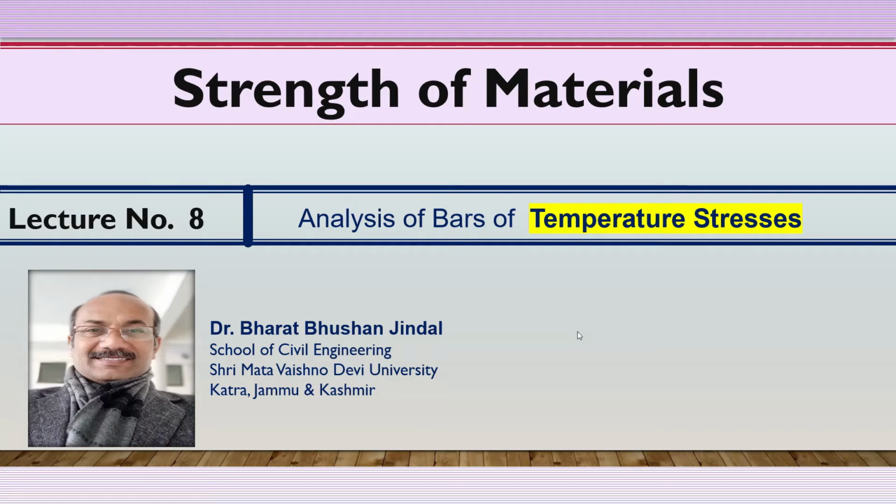So if there is a metallic material, a metal, and it is subjected to a rise of temperature, that means it is at an initial temperature, suppose T1, and later on due to heat or temperature variation the temperature of the material rises, then there will be extension in the length of the member.